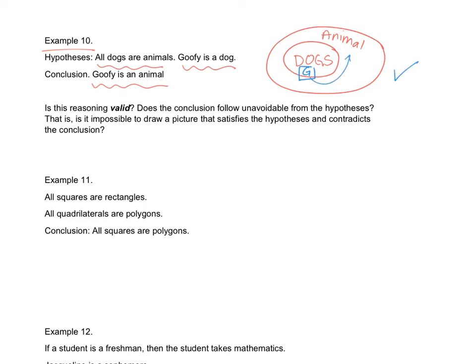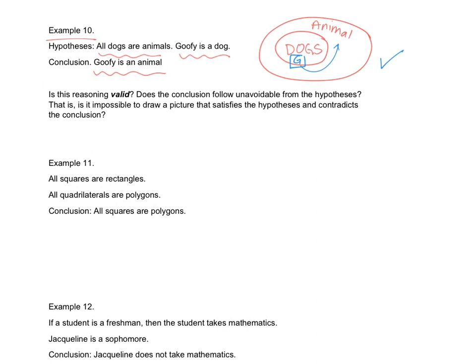So that's valid. What we mean by valid is, does the conclusion follow unavoidably from the hypotheses? That is, is it impossible to draw a picture that satisfies the hypotheses and contradicts the conclusion? This is the only way. So that would be a valid argument or valid reasoning.